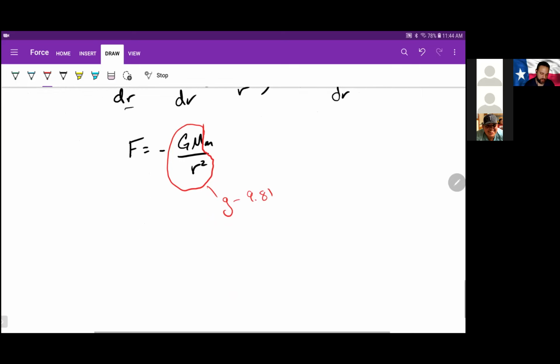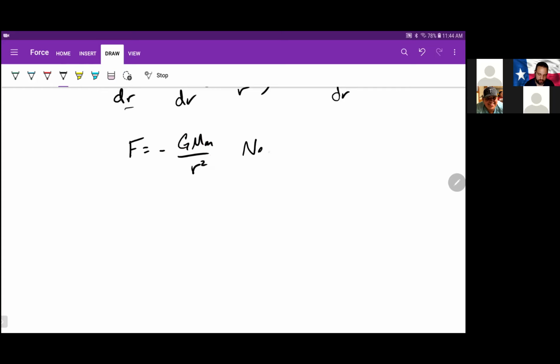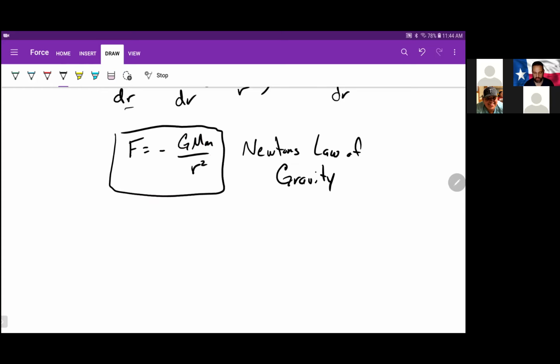But this gives us this equation. I'm going to delete that, just so that you recognize we've seen that before. This equation here is Newton's law of gravity. It just says that that's the force between two bodies some distance away from each other due to gravity, due to that mysterious thing we call gravity.